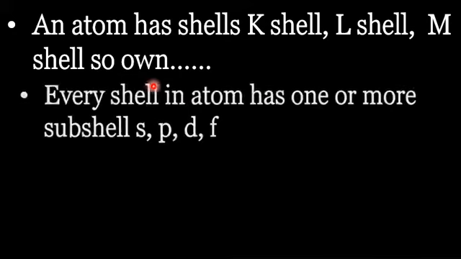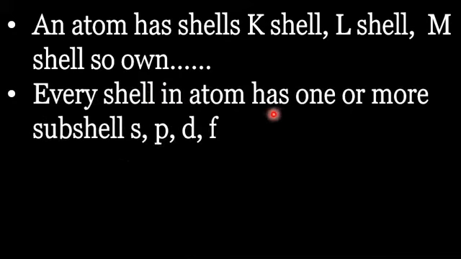Dear student, an atom has K, L, M, N, and so on shells. These shells are known as energy levels. Every shell in an atom has one or more subshells. The most commonly used subshells are s, p, d, f.